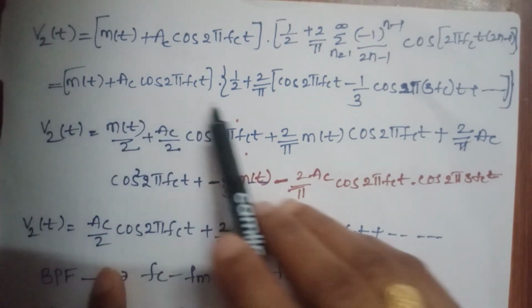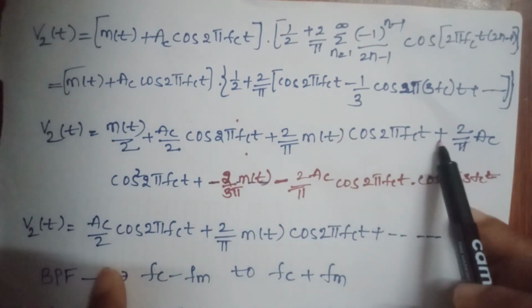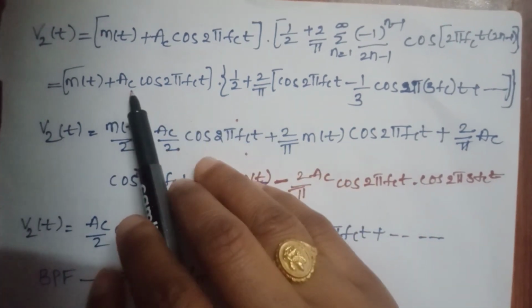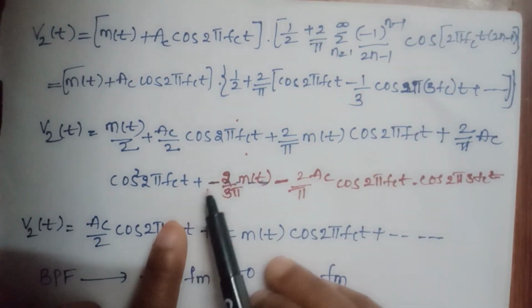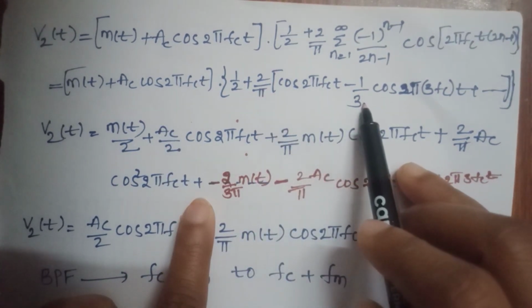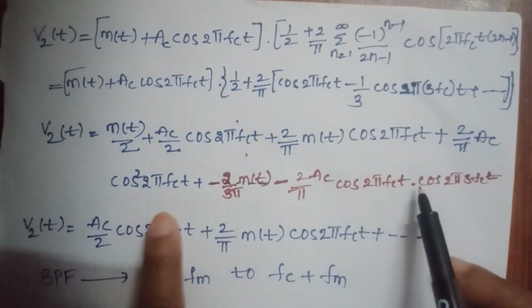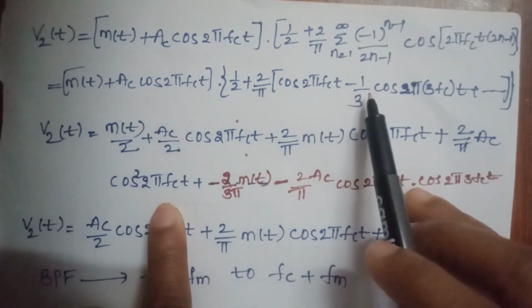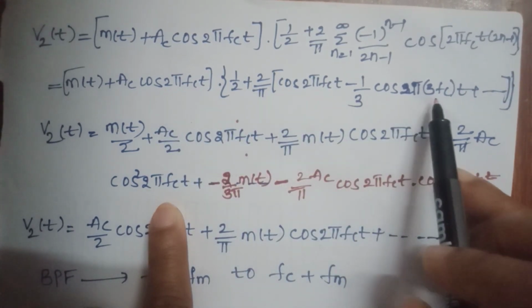Plus 2 by pi m of t cos 2 pi fct, plus 2 by pi Ac cos square 2 pi fct, minus 2 by 3 pi m of t cos 2 pi 3 fct, minus Ac by 3 cos 2 pi fct into cos 2 pi 3 fct.